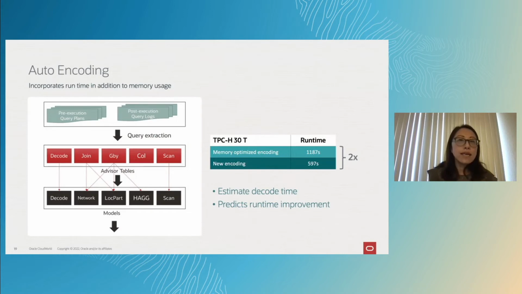The next feature that we have is auto encoding. In HeatWave for string columns, we compress the string columns in two different ways. One is through dictionary, and the other is through variable length. With dictionary, the dictionary code is stored on the MySQL node, and with variable length, the data is stored in the HeatWave cluster memory.